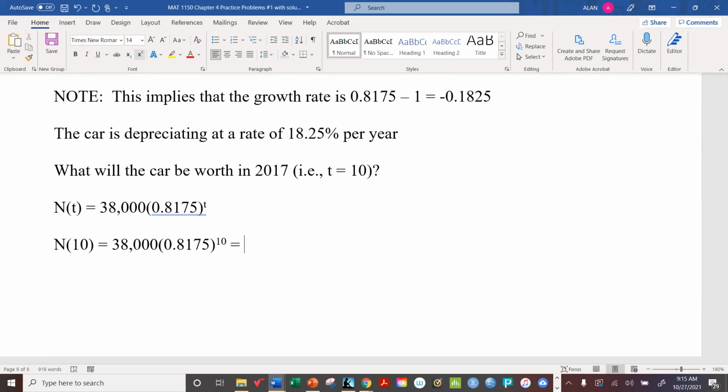And when you do that, you're going to have $5,000, approximately, of course, 65.95, let's say.